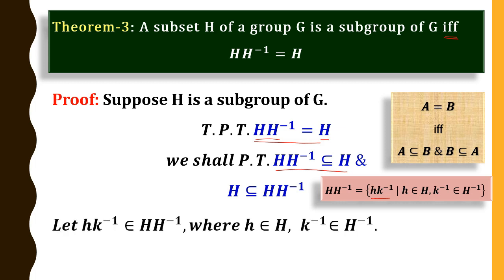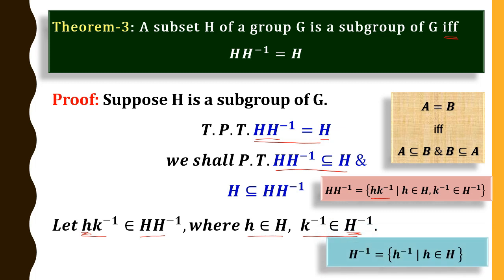Now let us consider an arbitrary element in HH inverse, that is hk inverse, where h belongs to H and k inverse belongs to H inverse. Again you know what H inverse is: the set of all inverses of the elements of H, that is, the set of all elements of the form h inverse, where h belongs to H.